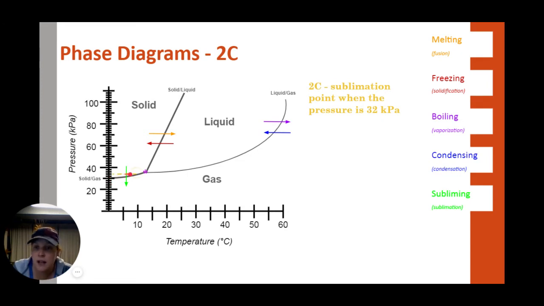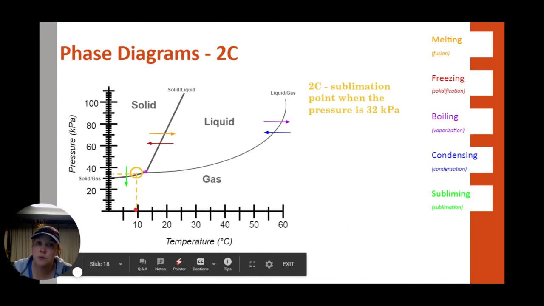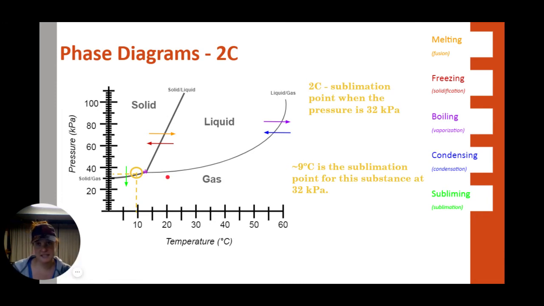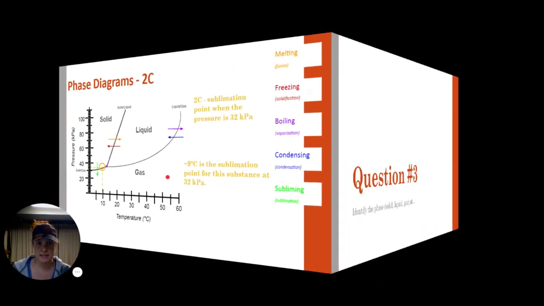I'm going to follow that line until I hit the sublimation line, and then drop down to the x-axis, and I get approximately 9 degrees Celsius. If you've got something a little bit higher or a little bit lower, that's okay. Remember, this is just an estimate. So about 9 degrees Celsius for the sublimation of this substance at 32 kilopascals.